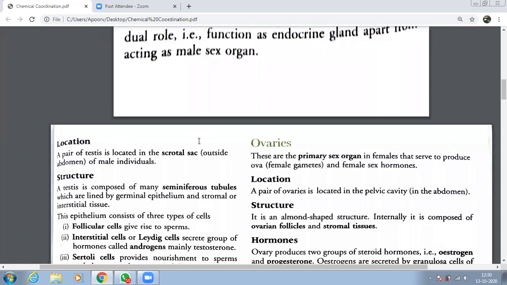Location of interstitial cells. It is a connective tissue present in testes.